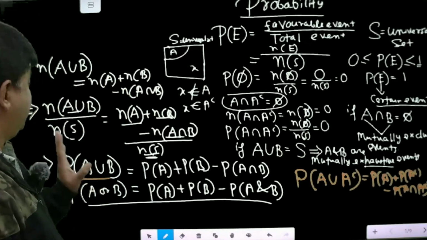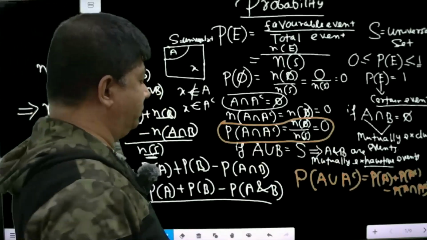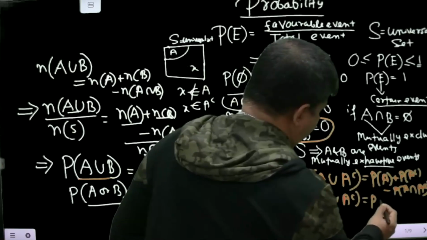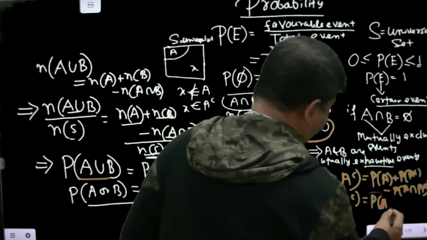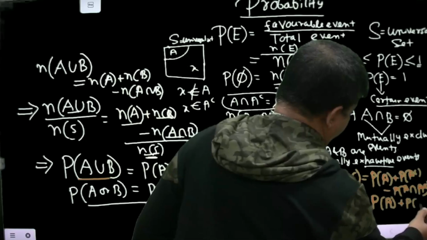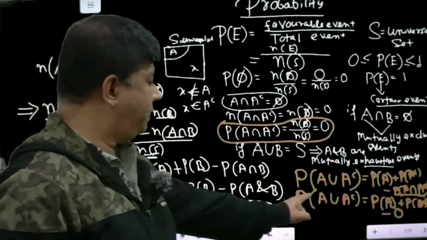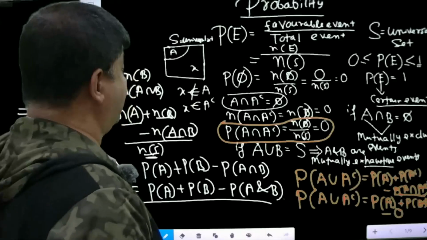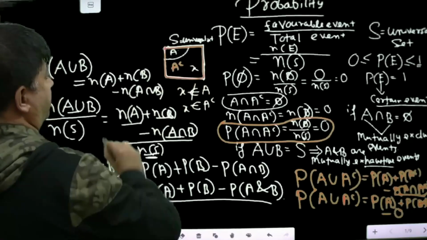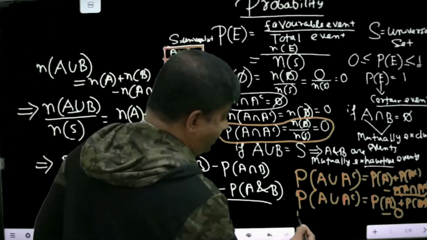Now, you just observe that P(A intersection A complement) is 0. What about A union A complement? It gives you the total universal set S. This is called a partition in set theory. The probability of a certain event.